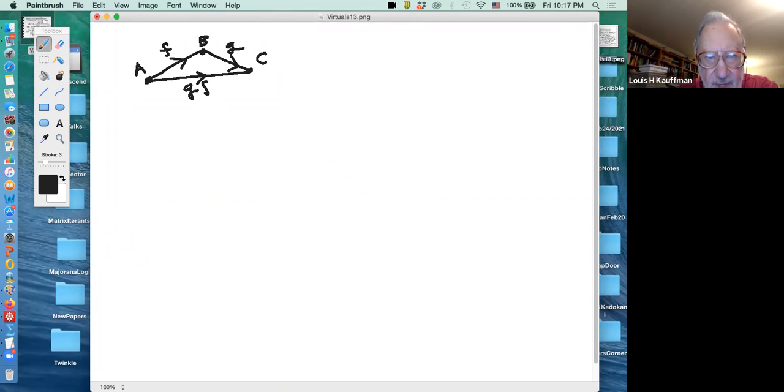And as you see, I have a simplex here. And the faces of my simplex, the boundary of this simplex, ought to be F plus G minus GF.